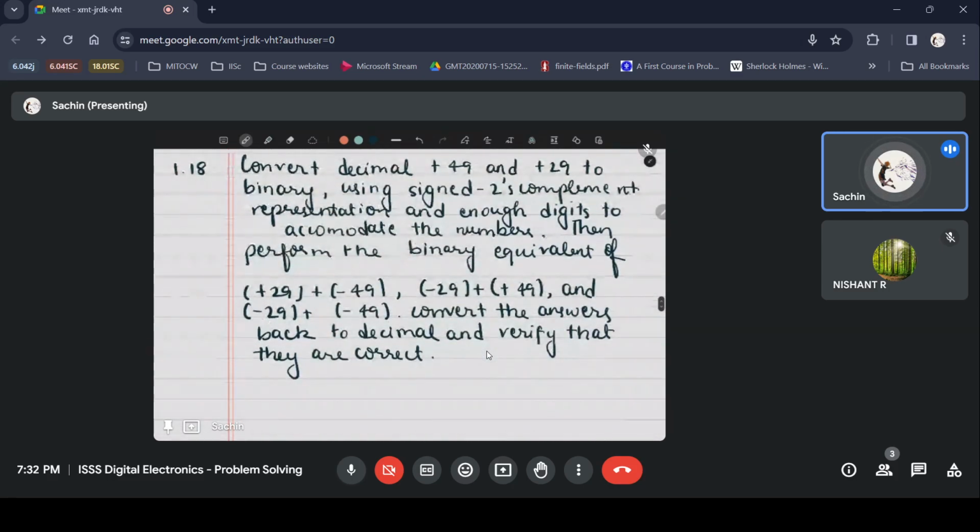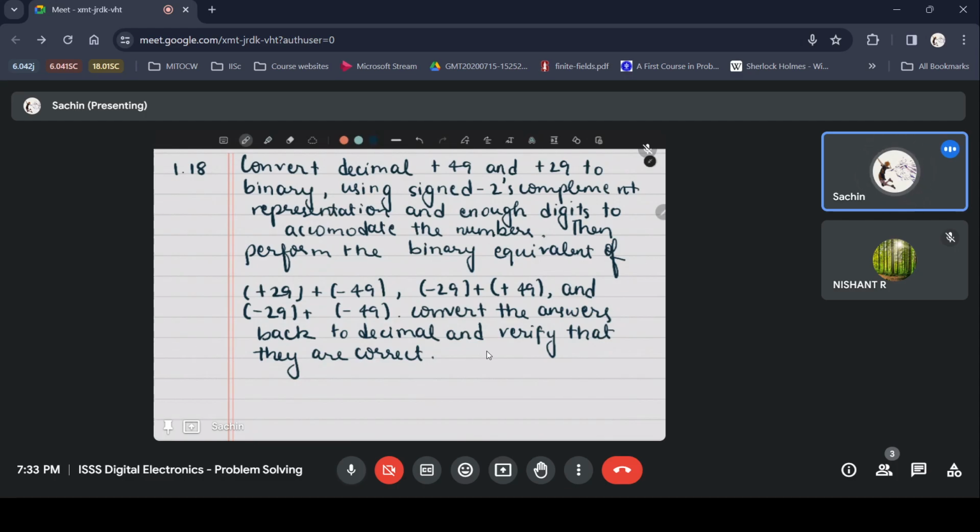Okay, convert decimal plus 49 and plus 29 to binary using signed 2's complement representation and using enough digits to accommodate the numbers. Then perform the binary equivalent of plus 29 plus minus 49, minus 29 plus 49, and minus 29 plus minus 49. Convert the answers back to decimal and verify that they are correct.